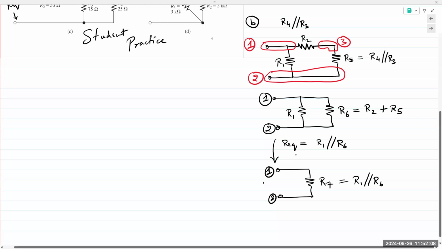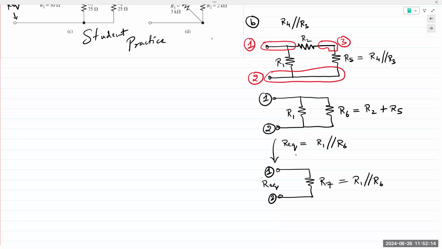And REQ is of course measured here. Anytime in circuit analysis where you see a quantity being asked, think of it as a meter that is being connected at those points to determine what the value is. So the real life equivalent would be you're taking a multimeter and you're connecting between those 2 points to determine REQ, or to measure voltage, to measure the resistance, or to measure the current.